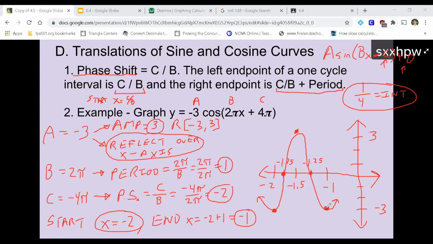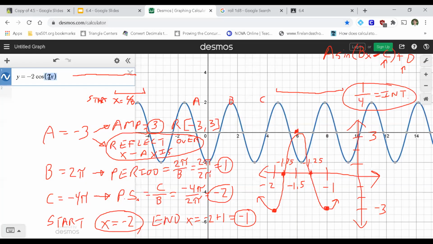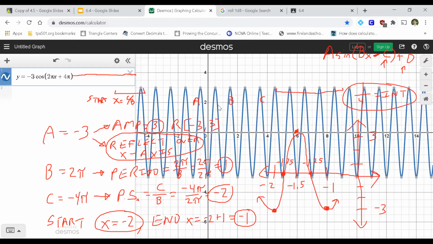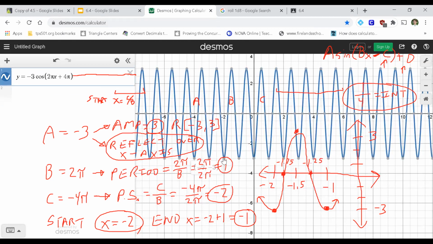And again, at the end of this, you might be like, wow, I have a dull headache coming on. That means you're doing it right. But to make sure that you did it right, we can always just go to Desmos or our graphing calculator, type it in, and what you will see is, see how skinny it is at -2 where we started.